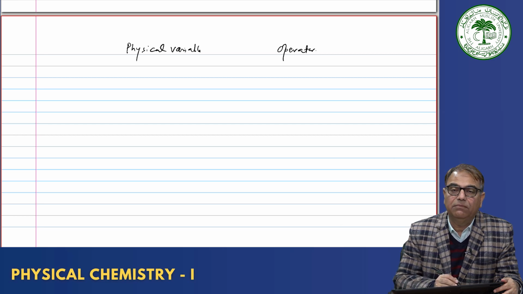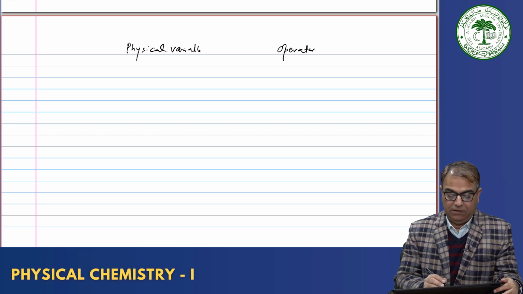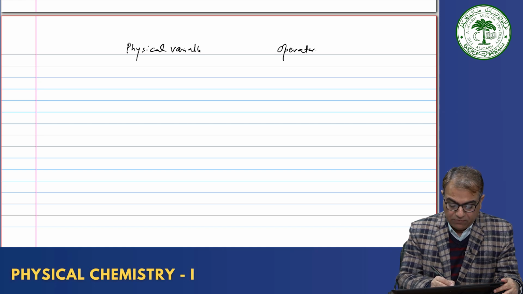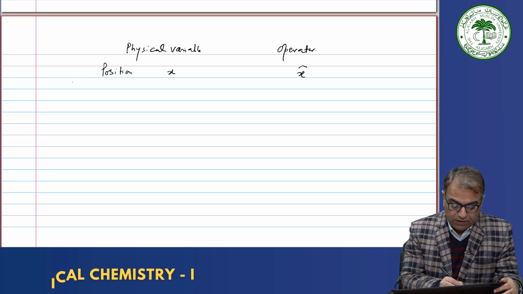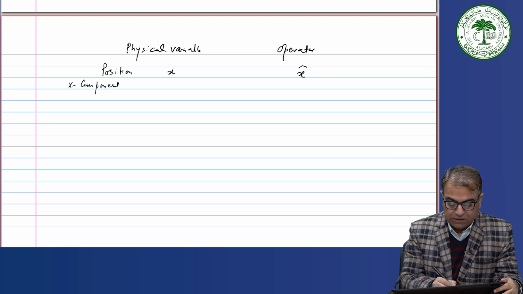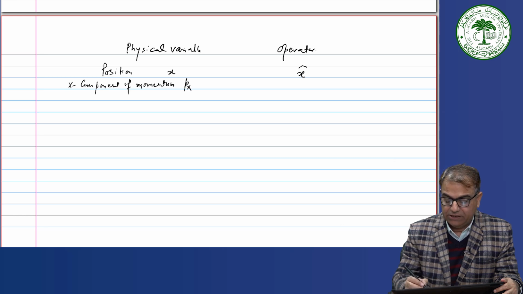In every quantum chemistry book you will find a table like this one, that for position x you have an operator x, for x component of momentum, which is represented as px, you have an operator minus i h cross d dx.